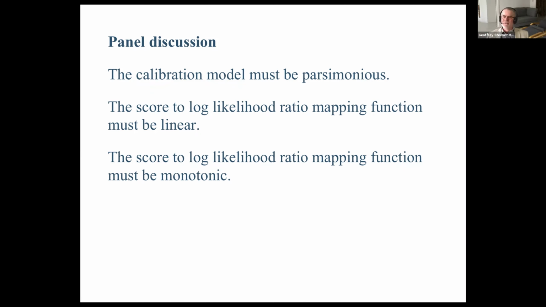It comes down to how you define parsimonious. And it also comes down to what you define calibration to be. If you define calibration to be the opposite or the complement of discrimination, then it has to be monotonic. But if what you want to do is minimize the cost, then there's no real restriction on what you can do.